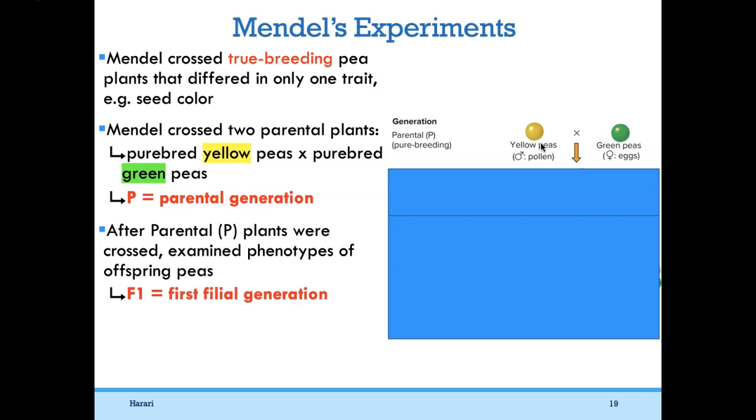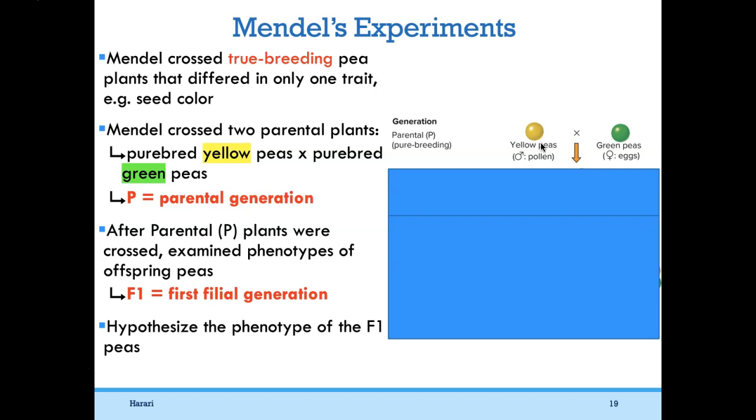We call the first generation the F1, or the first filial generation. Right? Filial means like sons and daughters. So the first filial generation, F1, are the children of the parents. So it always goes P and then F1.